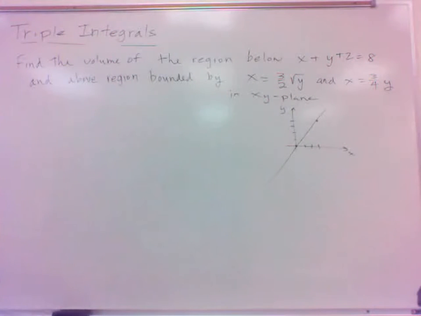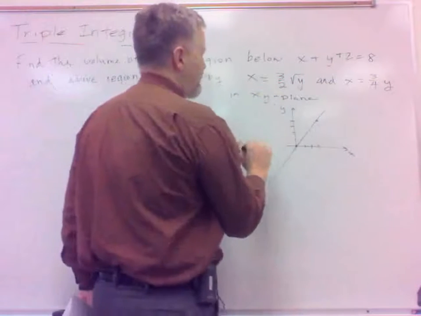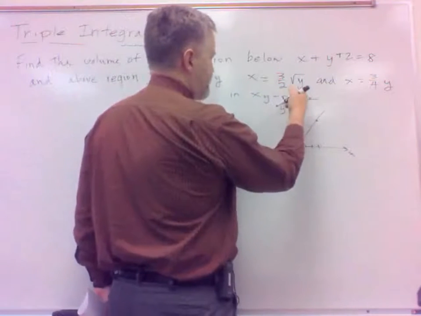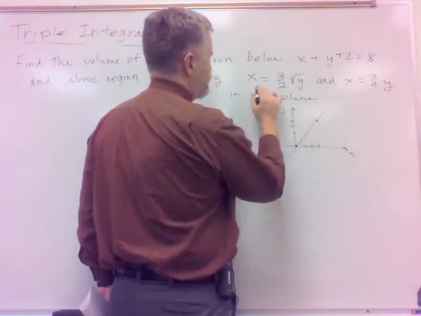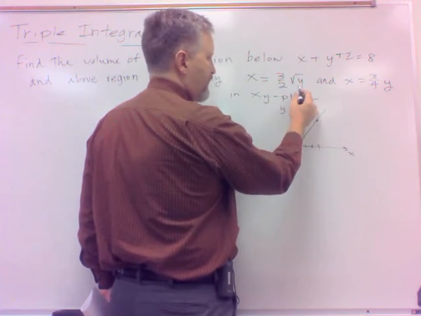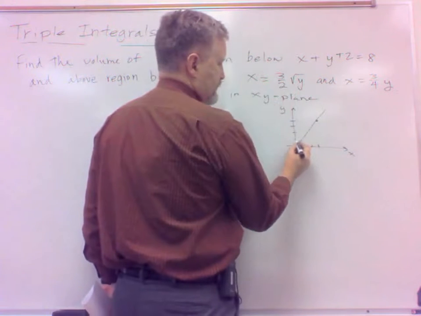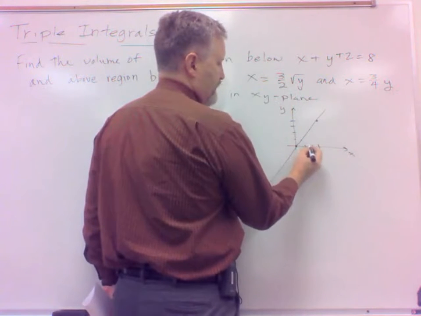All right. Now this one, X equals 3/2 square root of Y. Of course, X is 0 if Y is 0. If Y is 1, then we've got the square root of 1, so that's 3/2 for X. So if Y is 1, then X is 3/2, 1.5.